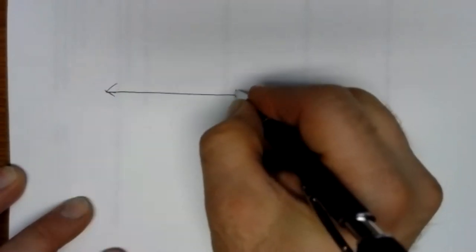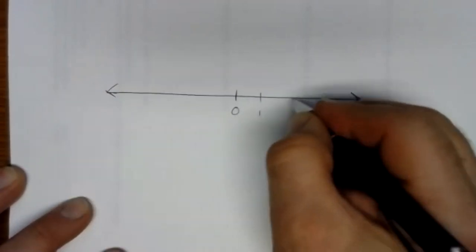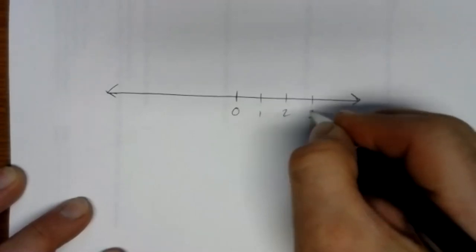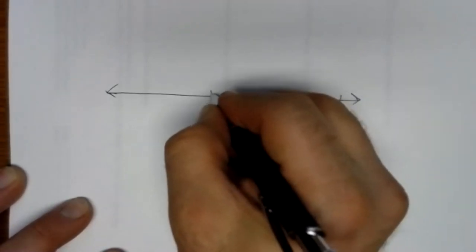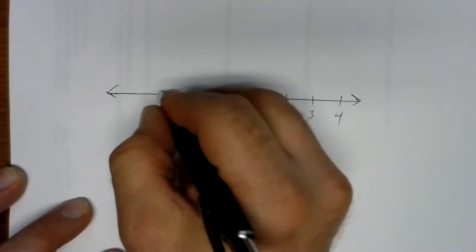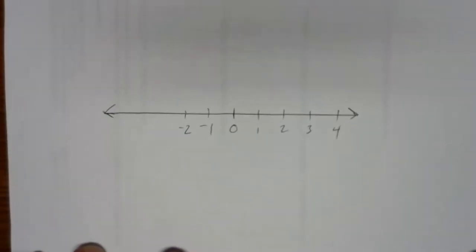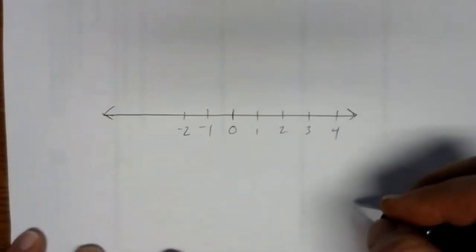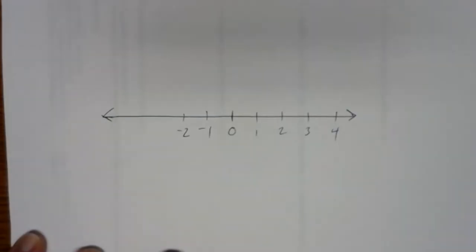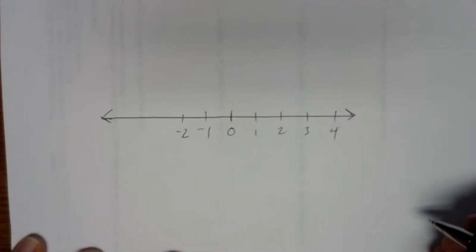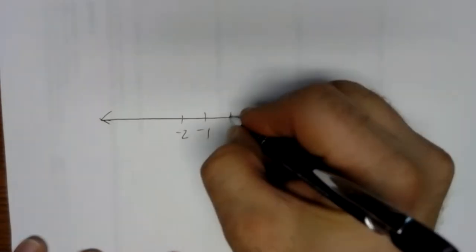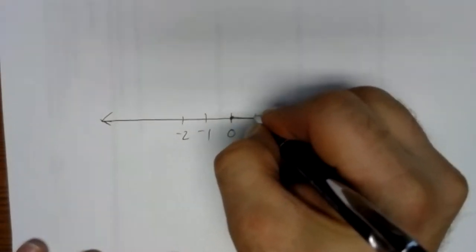Now, a number line, we have marks on them, kind of like that, and maybe -1, -2, and so on. We have a number line. Well, if you had to add 1 and 3, one of the ways you might have learned how to do it was to say, well, I'm starting out here at 0 and going to 1.